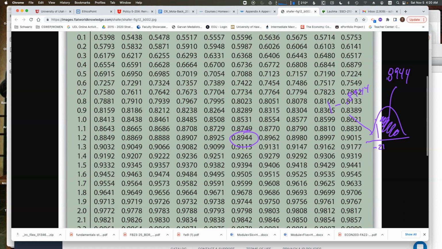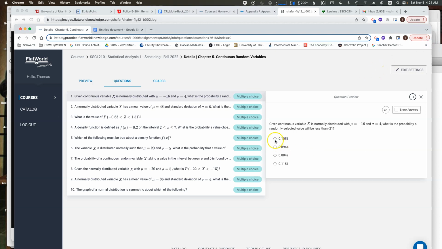So 1 minus 0.8944 is 0.1056. Let's see if that's the case. I think that is. Okay, at least it's an option. So I think that that's correct. Yeah, so that is correct.